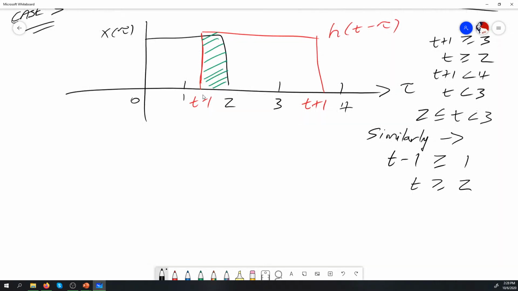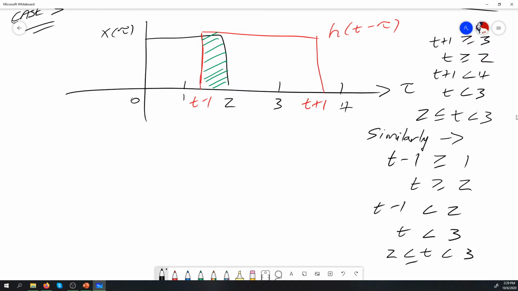And t minus 1 here hasn't hit a value of 2 here. So we can say t minus 1 is less than 2, which gives t less than 3. And you can see when we combine these two inequalities, we get back the same time range: 2 less than or equal to t less than 3.